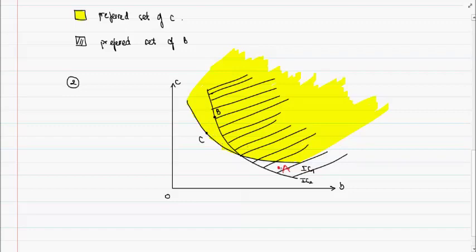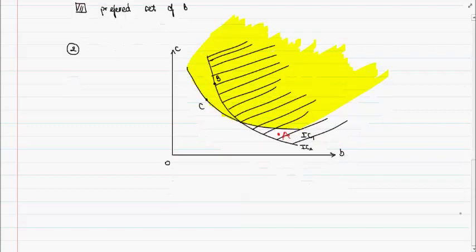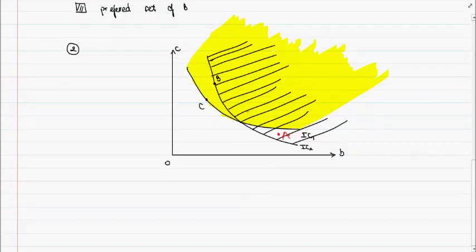Bundle A over here is preferred to bundle B, because it's in the preferred set of B. And bundle B is preferred to bundle C because bundle B is in the preferred set of bundle C. However, bundle A is not preferred to bundle C because bundle A is not in the preferred set of bundle C. So in this case, the transitivity property doesn't hold, and that is because the two indifferent curves are cutting each other.